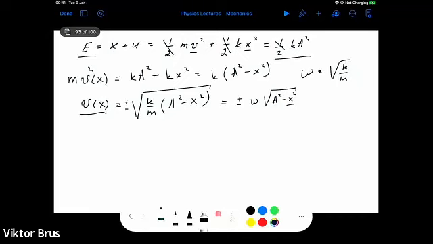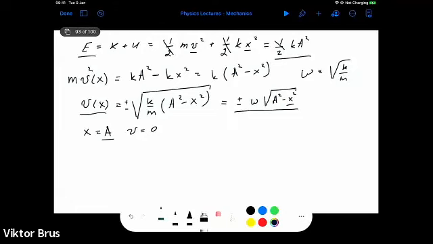So you can double check, for instance, this equation for our boundary conditions. Let's say at x equal to a, we know that v is equal to 0. And if we substitute x equal to a into our equation, we will see that it will be a squared minus a squared, so v will be equal to 0.